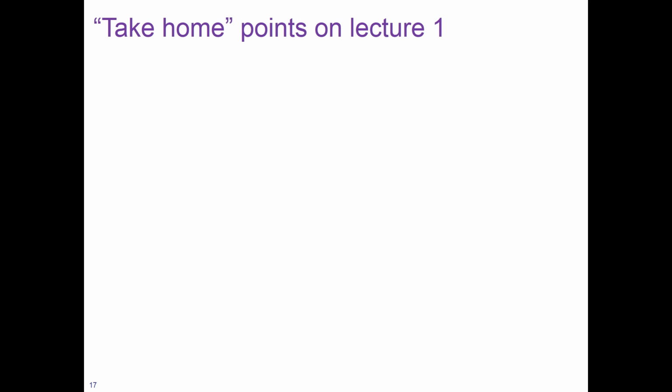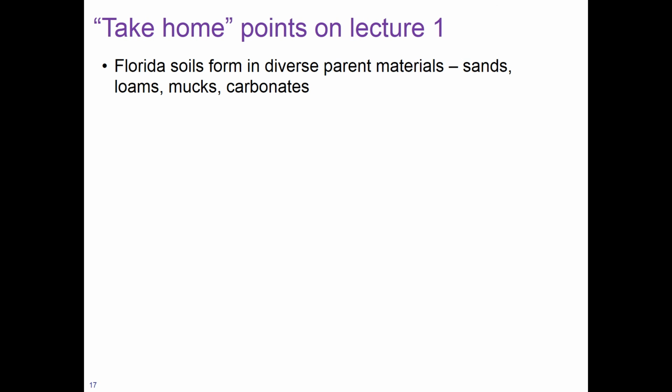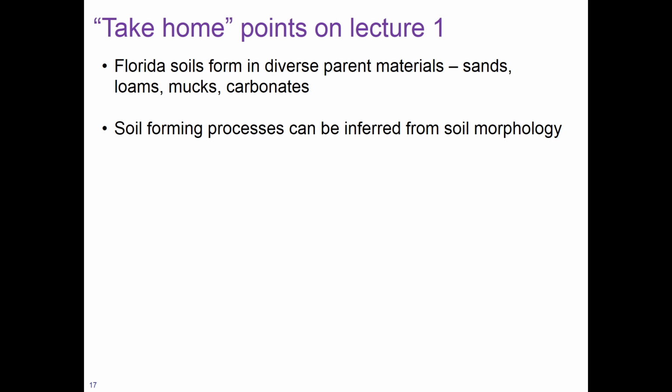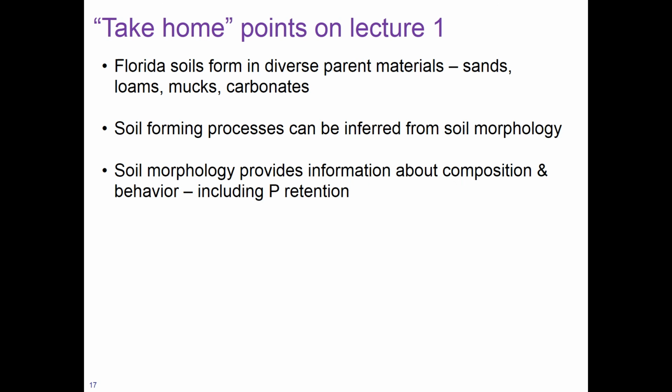Some take-home points for this lecture. Florida soils form in diverse parent materials, including sands, loams, mucks, and carbonates. Mucks and carbonates are most common in the area south of Lake Okeechobee. Soil forming processes can be inferred from soil morphology, and we'll have more examples of that in subsequent lectures.